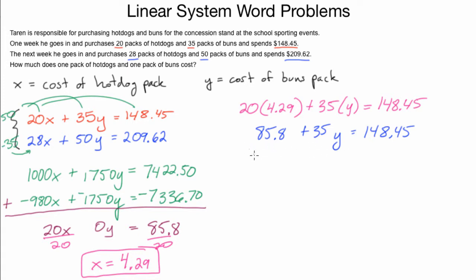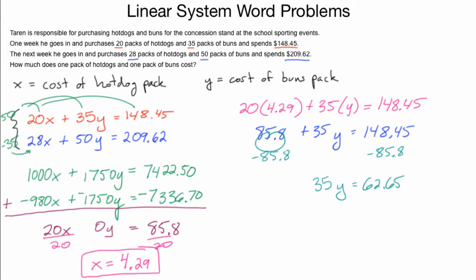Let's subtract 85.8 from both sides. That's going to go to 0, and we're left with 35 times y is going to equal 148.45 minus 85.8 equals 62.65.